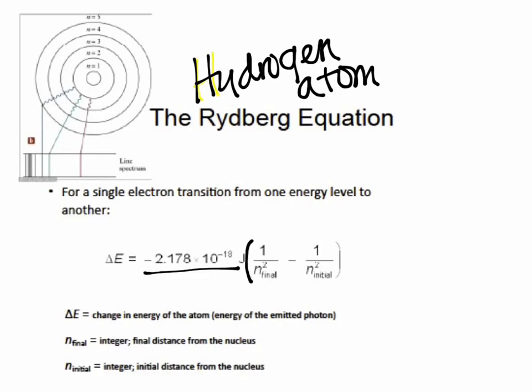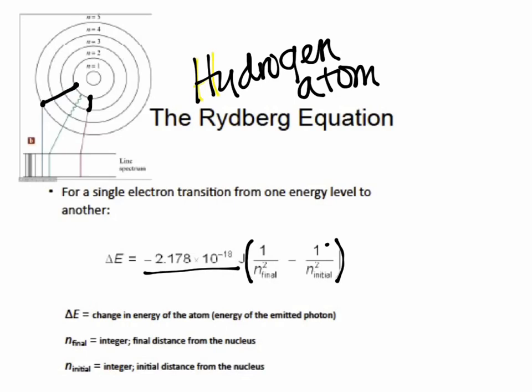So where did it start? Where did it end? From the nucleus. So which end did it start or gain from? If we're looking here, we go from N1 to N2. Here would be from N4 to N1, just depending on that.